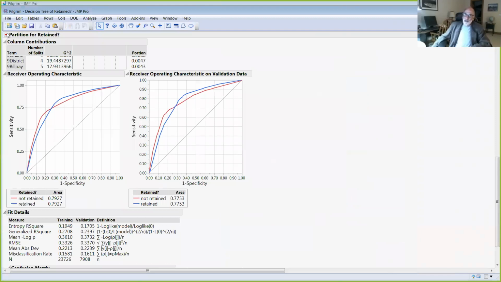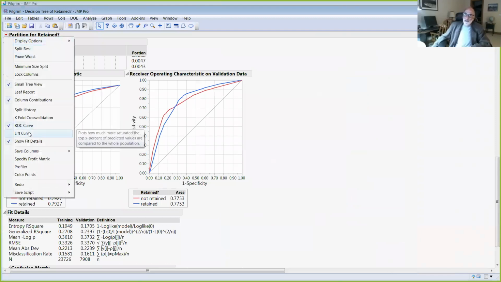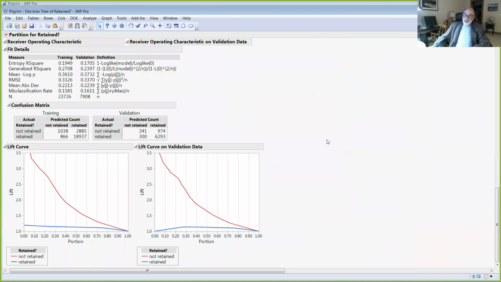Another way to look at this, and this is the way marketers commonly do, is to look at lift curves. Let's look at the red for the not retained customers.